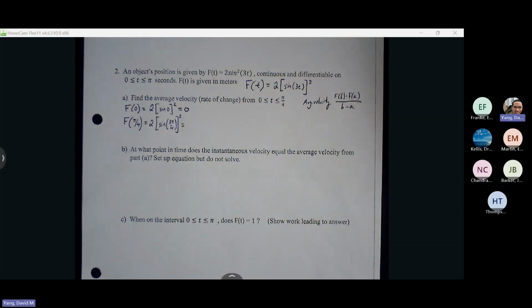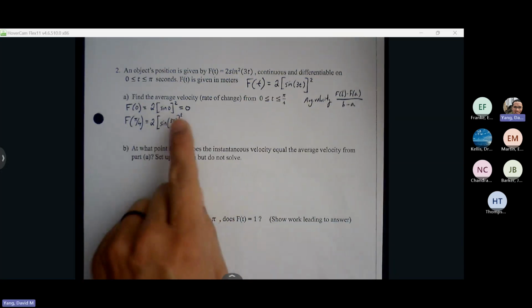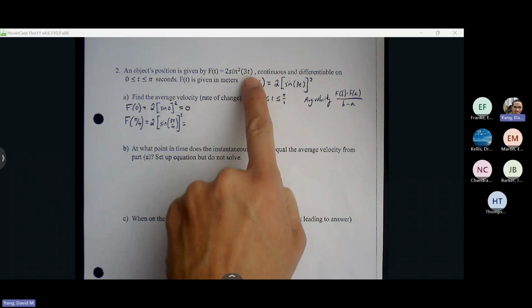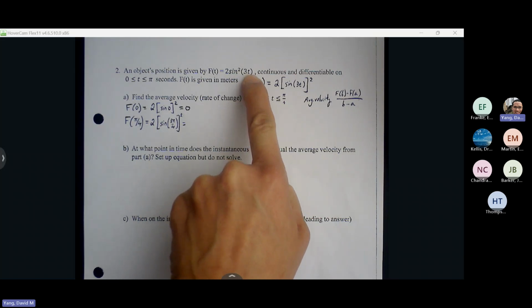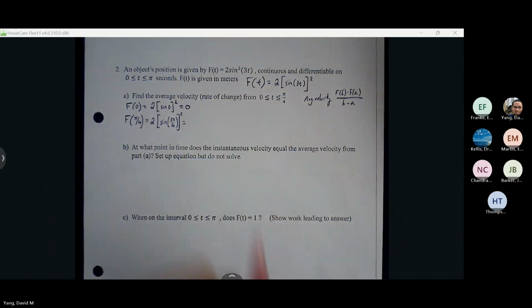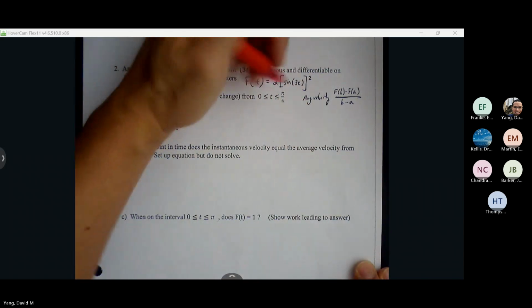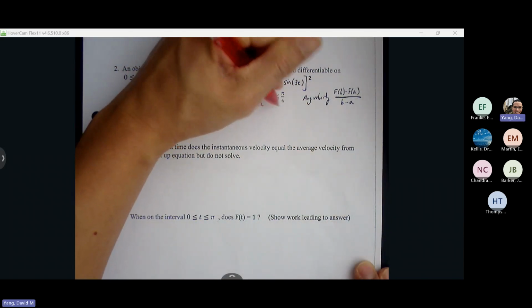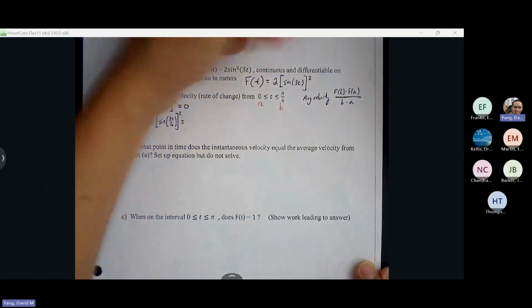Why did you do 3 pi over 4? Not pi over 4. It was pi over 4, but then I'm putting it in for t. Oh, okay. So I'm multiplying by 3. And by the way, a value is my 0, b value is the pi over 4.